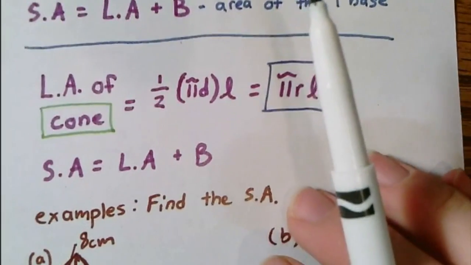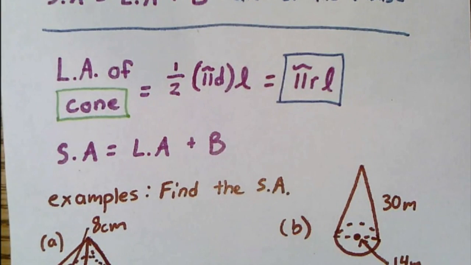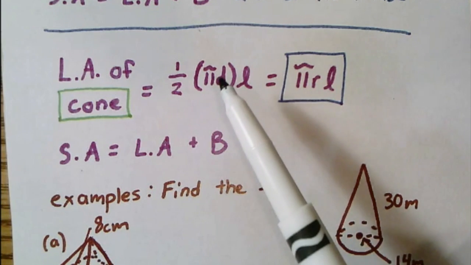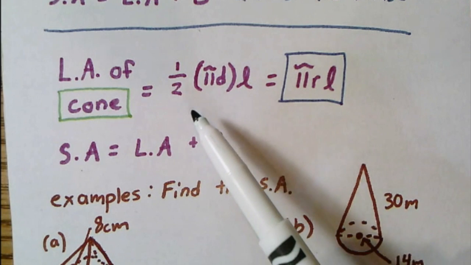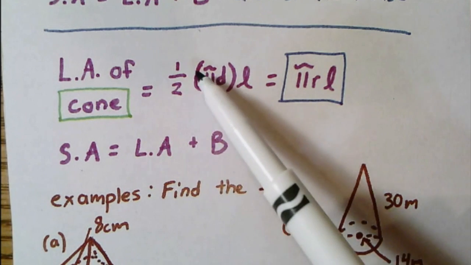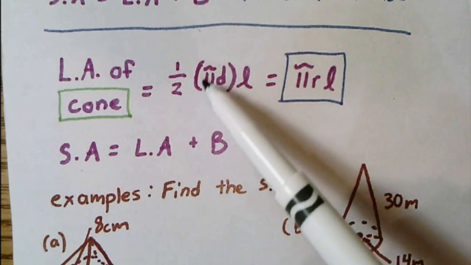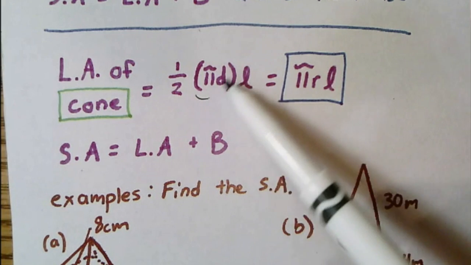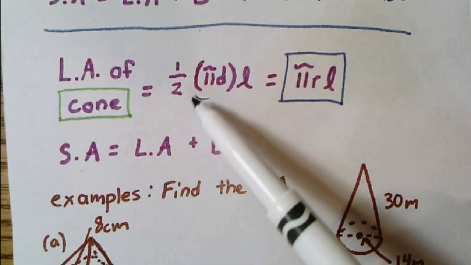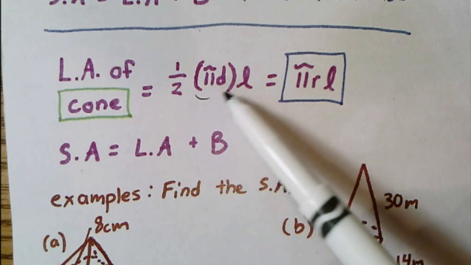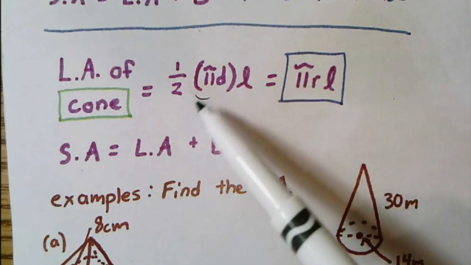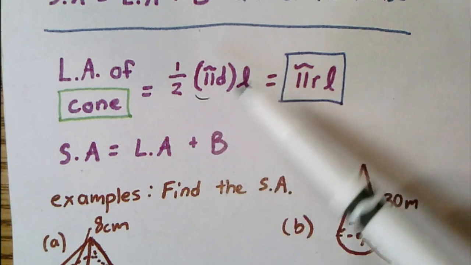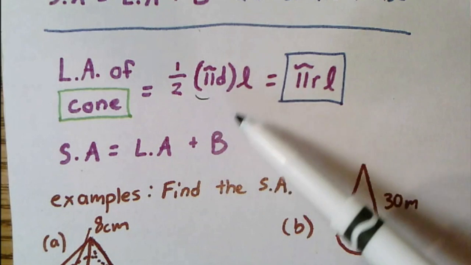To find the lateral area of a cone, it's a little bit different because it doesn't have multiple lateral faces. It only has 1. So for this one, you find half of pi times d, which is the circumference, the distance around the base, times the length, which is the height going down the cone.